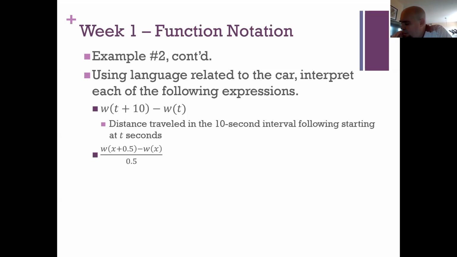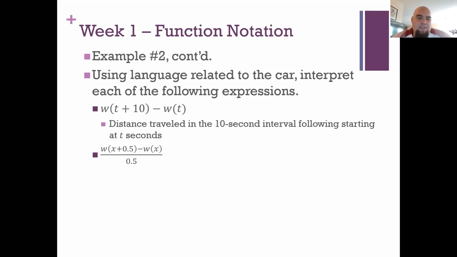Okay, so the half-second interval. I heard a lot of key ideas there. There's an interval that's half a second long. It begins at x seconds. Did you say twice the distance? Yeah, basically twice the quantity of that change in distance, because we're dividing by 0.5.